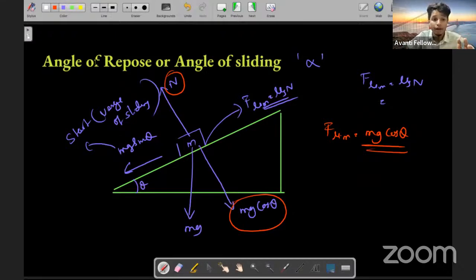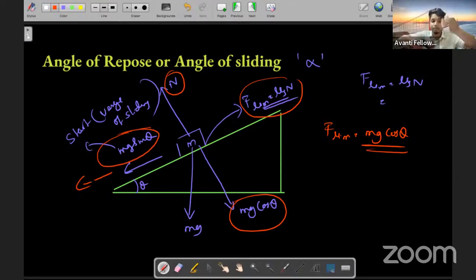Now I'm asking about this force. When mg sin theta is applying, this limiting force is acting along the opposite side. So can't I write mg sin theta is equal to mu s mg cos theta?